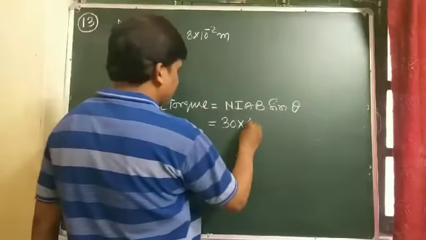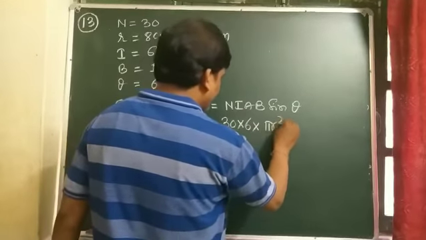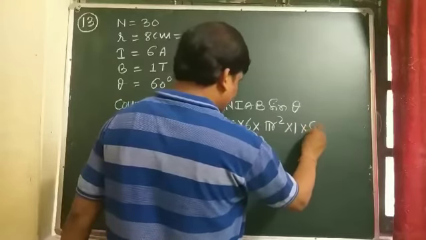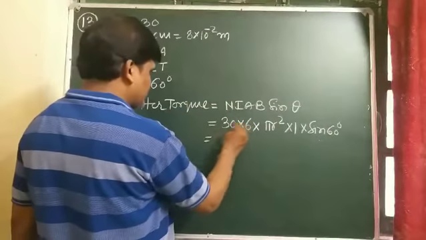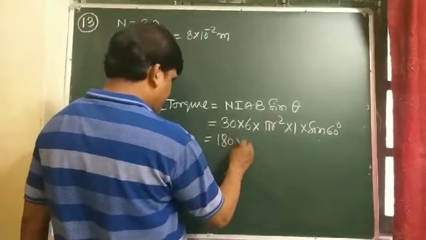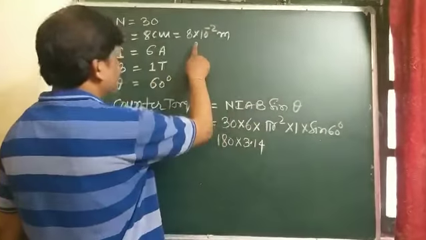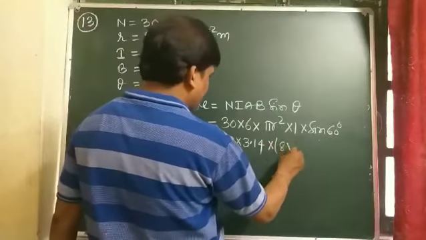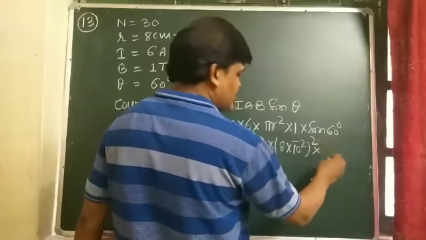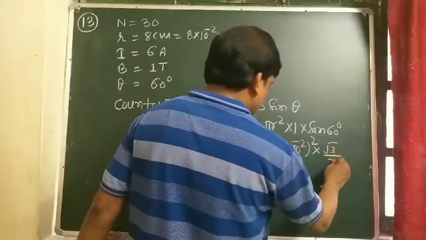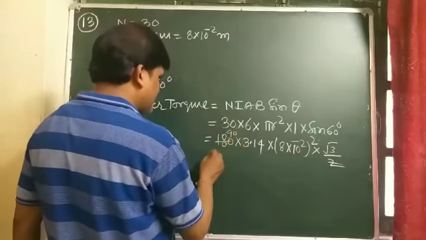I is 6 ampere. A we write as pi r square. B is 1, and sin 60 degrees is given. This can be 180 into pi, that is 3.14, into r square, which is 8 into 10 to the power minus 2 whole square, and sin 60 is root 3 by 2. This is 90.